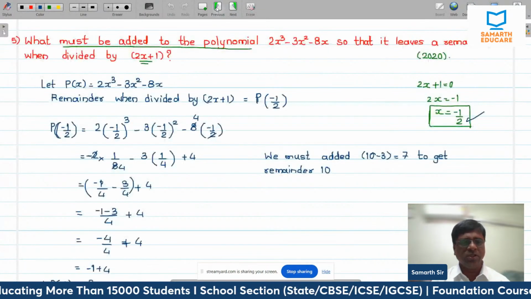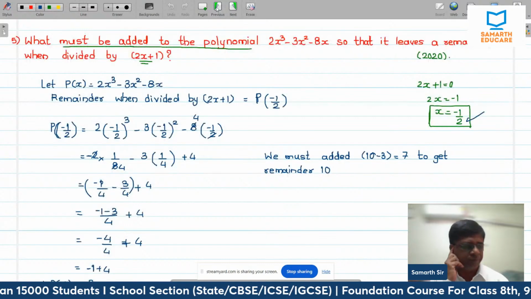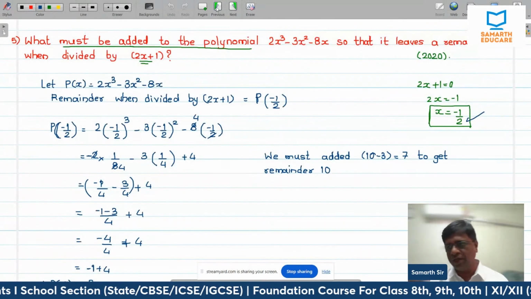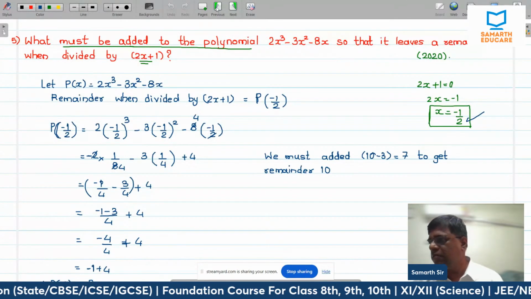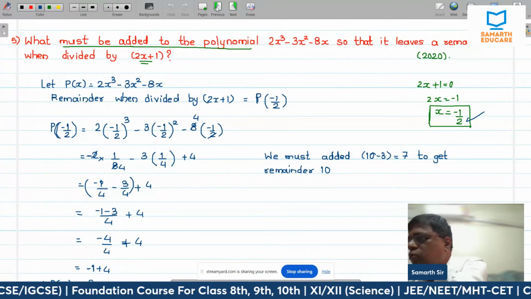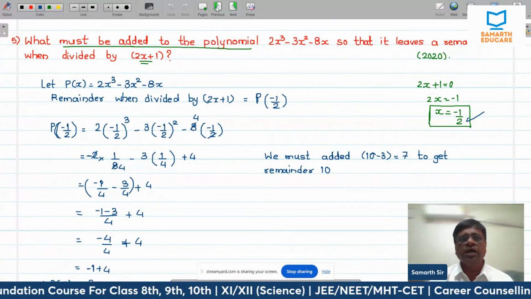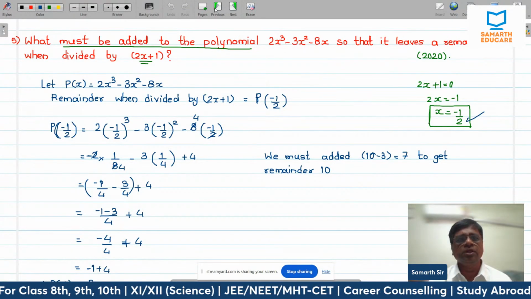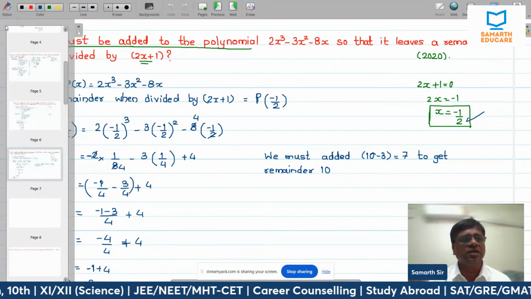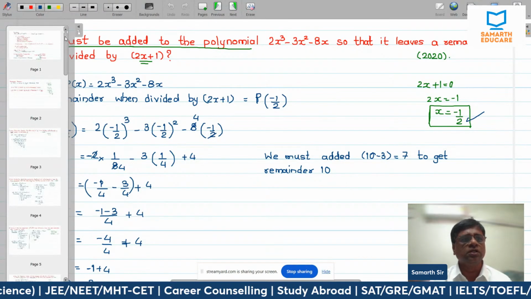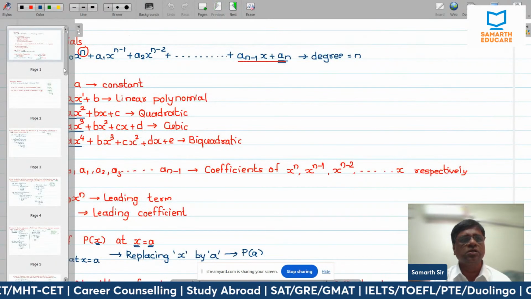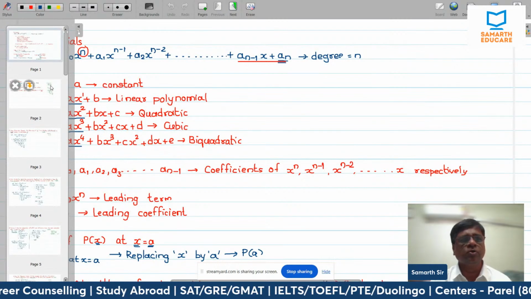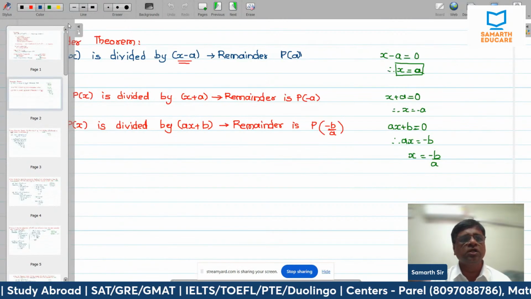So this is something that we have done in the last class, remainder theorem. Let me take you to the first page of the remainder theorem. This is a very important page. First we understood what a polynomial is, then we understood the remainder theorem.